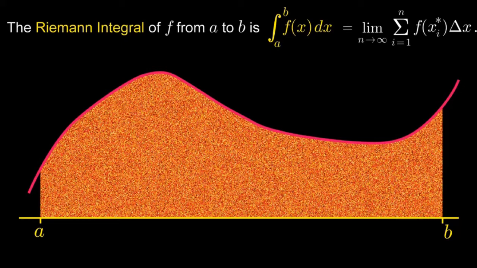Notice that in our limit, the capital Greek letter sigma becomes replaced by the stylized letter s in our integral. The function value f of x_i star is replaced simply by f of x. And the difference, delta x, is replaced by the differential dx.